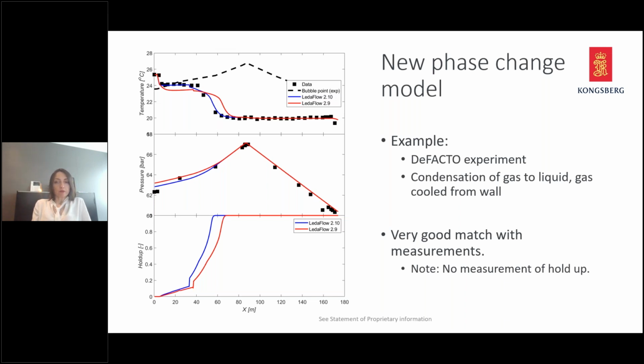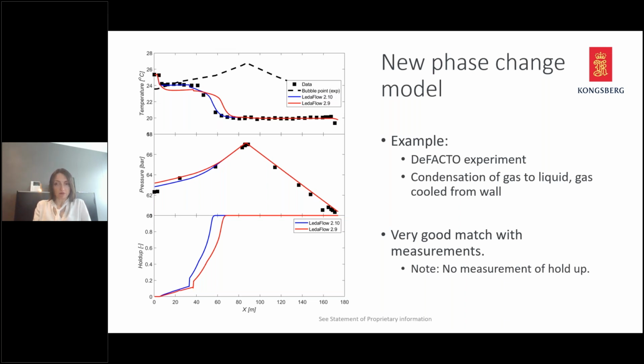The first graph that you see on this slide shows some of the De Facto experiments. The first graph shows the average temperature. We can see that there is now a very good match between the measurements, the black squares on this graph, and LedaFlow 2.10.